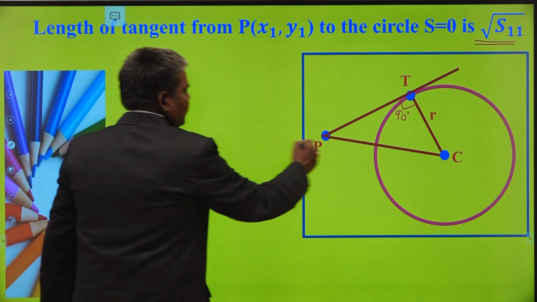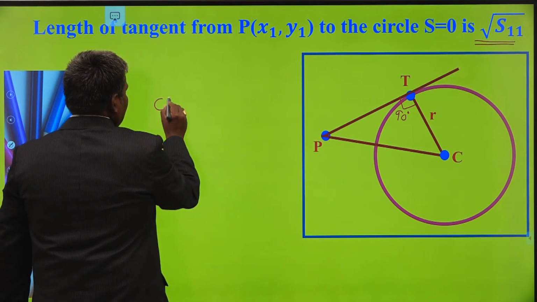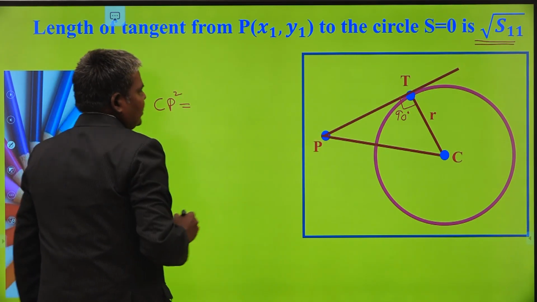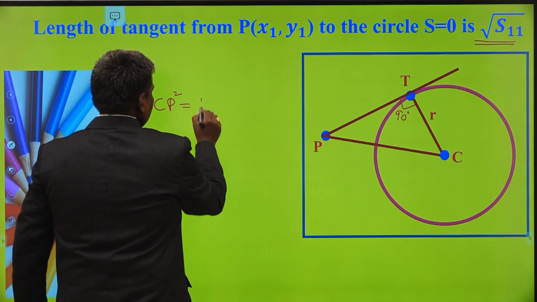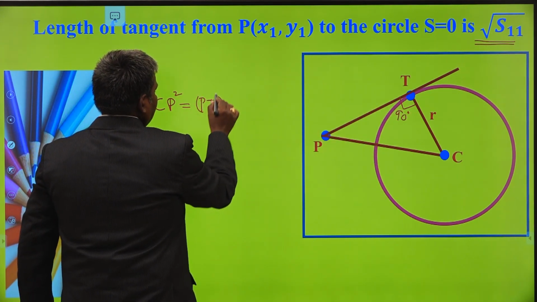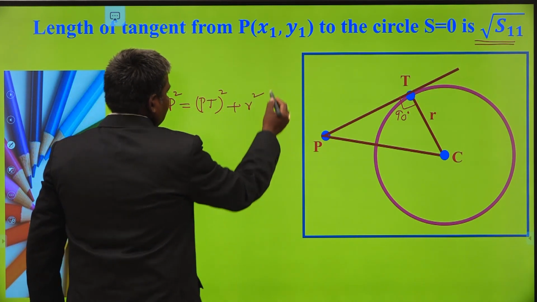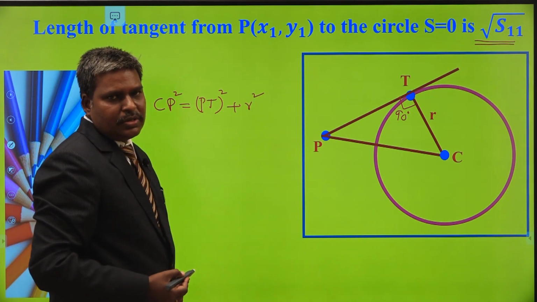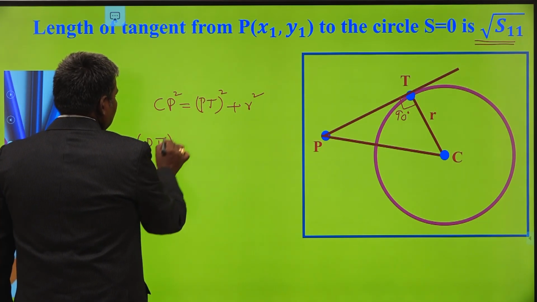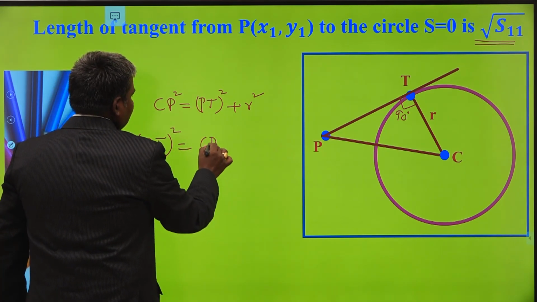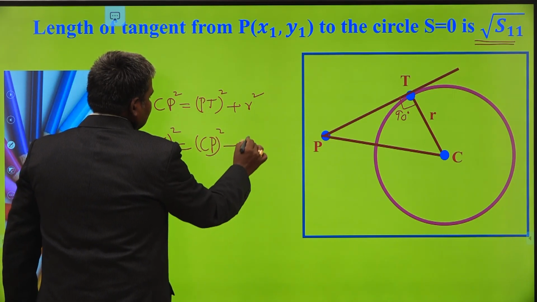What is CP square? By Pythagoras law, CP square is equal to PT square plus R square. Side square plus side square is equal to hypotenuse square. Now what about PT square? PT square is nothing but CP square minus R square.